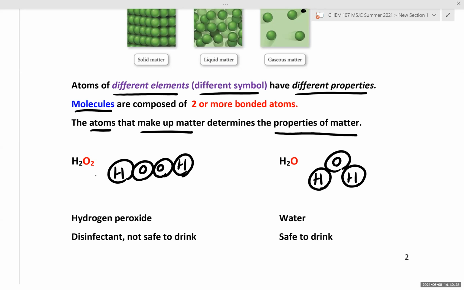So by studying the composition of matter, we can begin to understand the properties of matter. So that's my essential summary of the goal and sort of the ethos behind chemistry. We aim to study matter and begin to understand how the composition of matter determines the properties of matter.